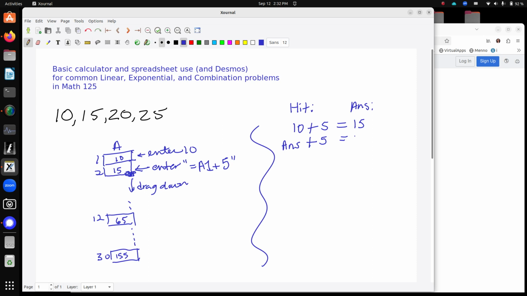15 equals 20, and then you hit equals, equals, equals: 25, 30, 35. And so you could just go dot dot dot equals 155, after 30 months or whatever the units are.